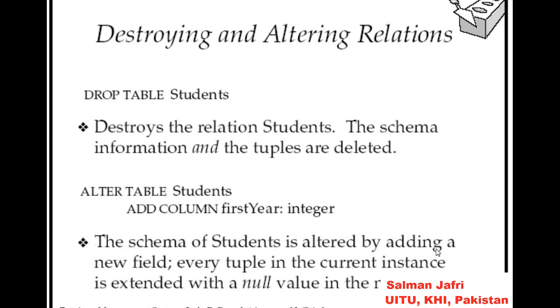The schema of students is altered by adding a new field, and every tuple in the current instance is extended with a null value in the new field. That is the idea. So when this new field, first year, is added, all the values of this particular field in all the tuples or rows have a null value.